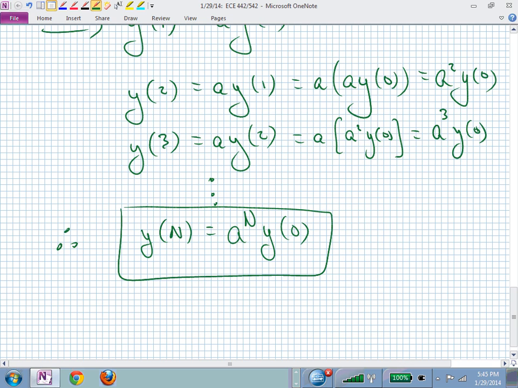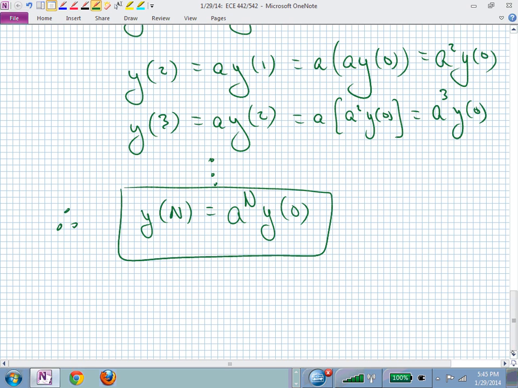But we can now use this relationship to figure out what N might produce a 1% settling time. Now we're interested in when do we get, in terms of sample periods, within 1% of where we started? What do we want y of capital N to equal?